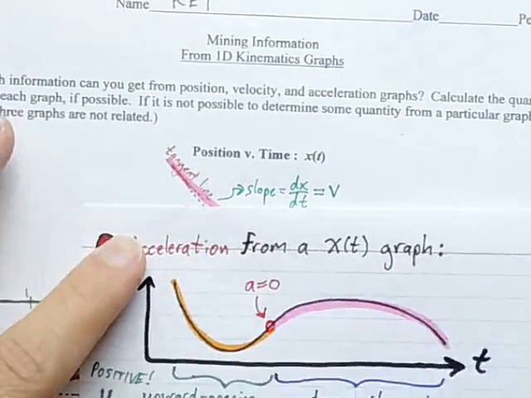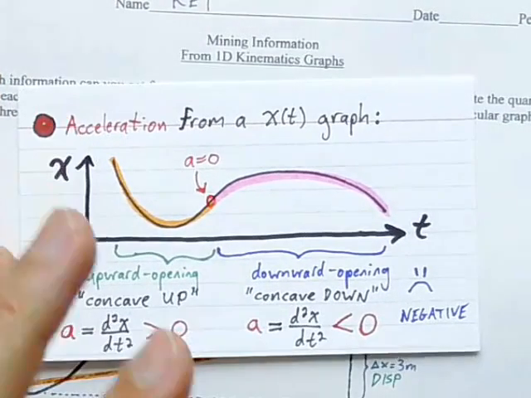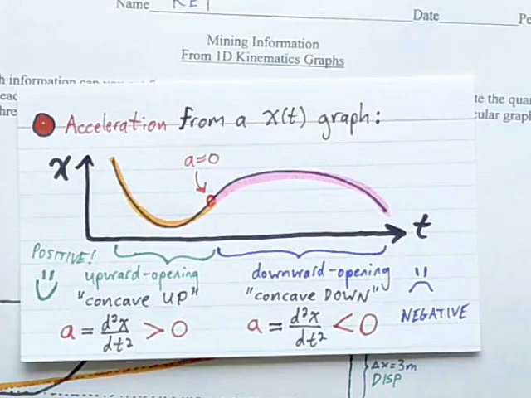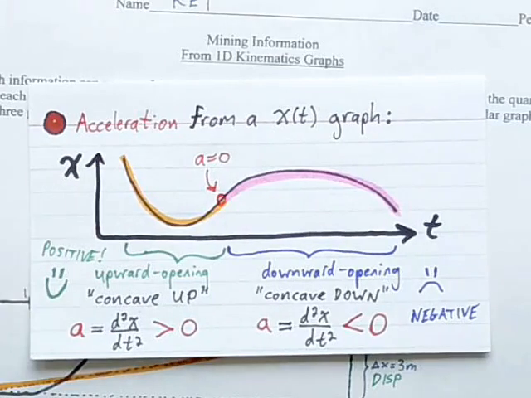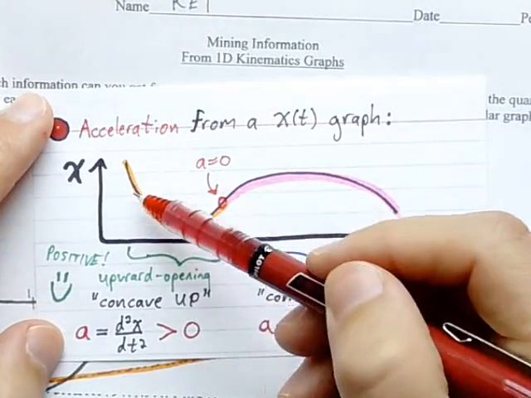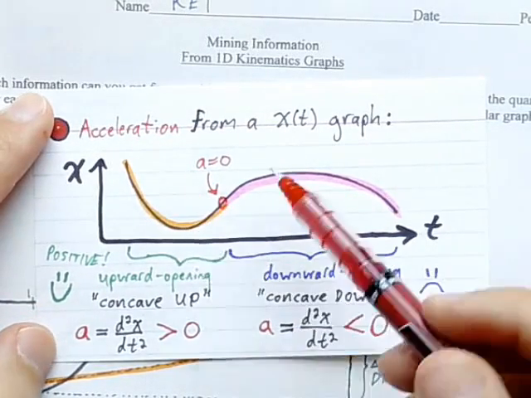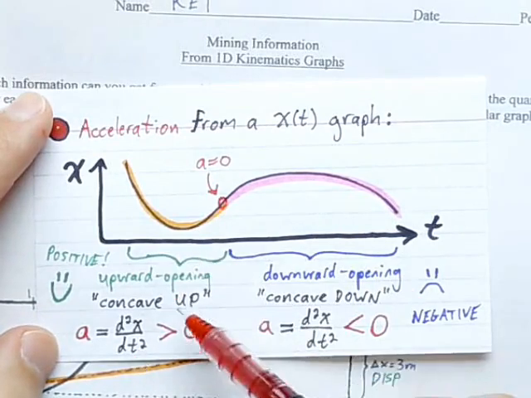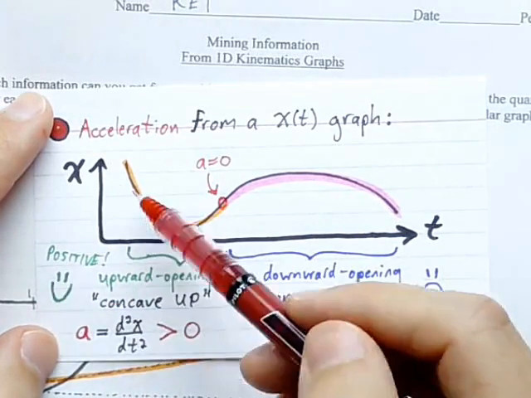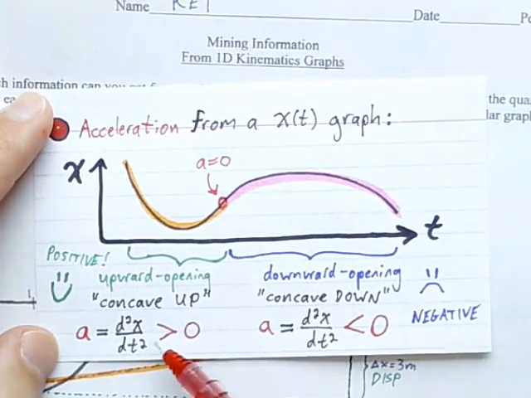Next tip, a few pointers about finding acceleration from a position versus time graph, or finding what we can know about acceleration from the graph. You look at the curvature. If we have upward opening curvature or concave up, that means our second derivative is positive, and we have a smiley face here, positive acceleration.